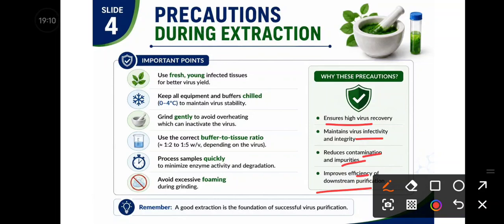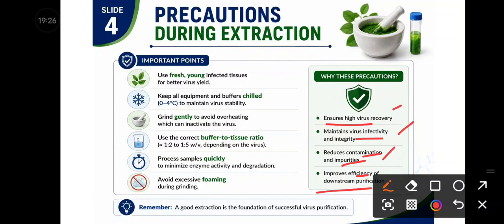So if you get a good crude extract, then definitely you will get a good purified amount of virus also, with good virus yield, good infectivity, and without any contamination or impurities.